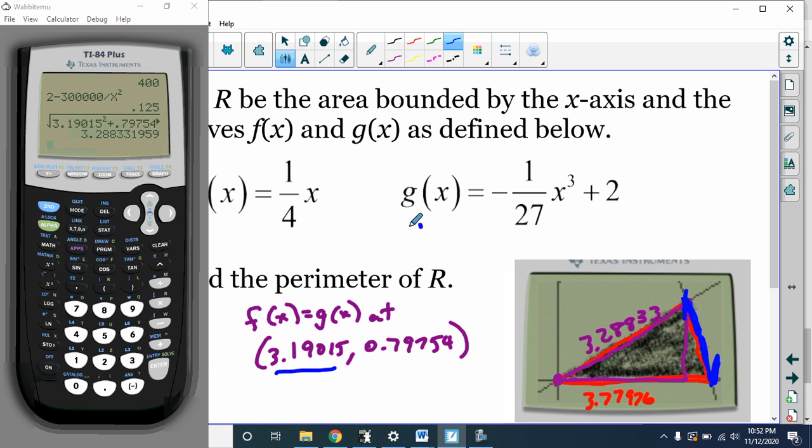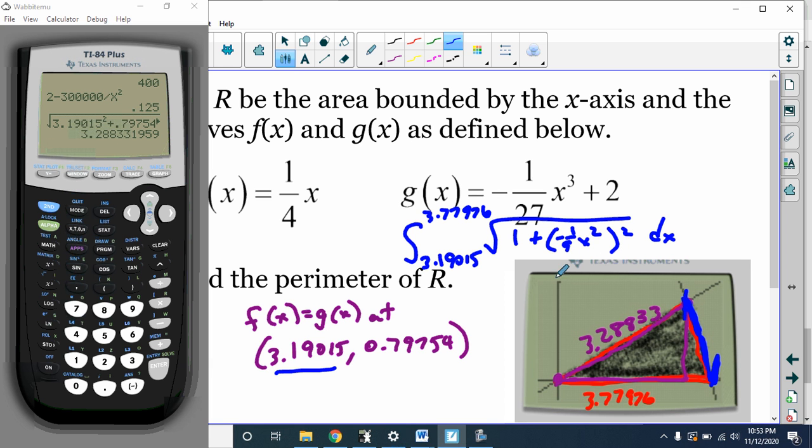So we are going to integrate starting at 3.19015 and ending at 3.77976 of the square root of 1 plus the derivative squared. And the derivative is negative 3 over 27 x squared. I don't need these anymore.